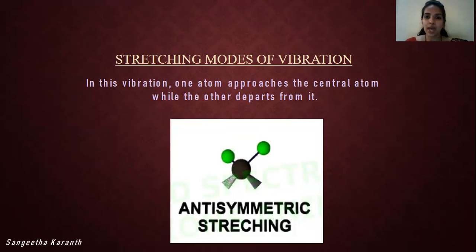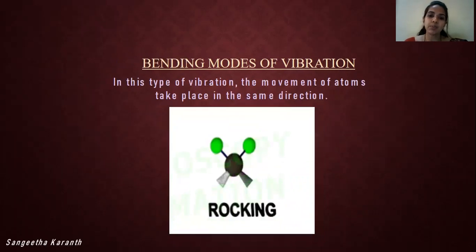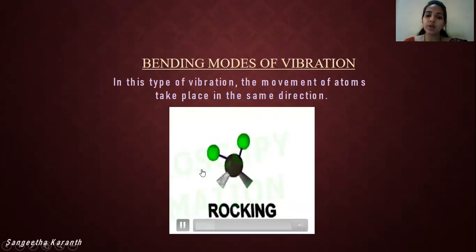So in stretching, we have two types. Again, in terms of bending modes of vibration, there are four types of bending vibrations. The first type of bending vibration is rocking vibration. You can just check how this bending of the bonds takes place. Here, the direction of movement of the molecules is towards the same side.